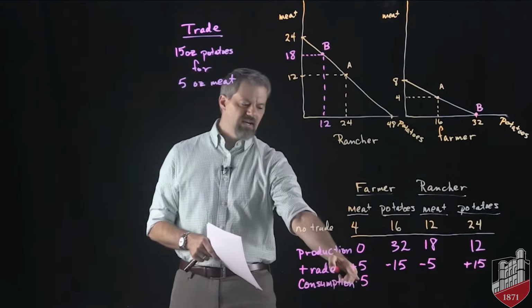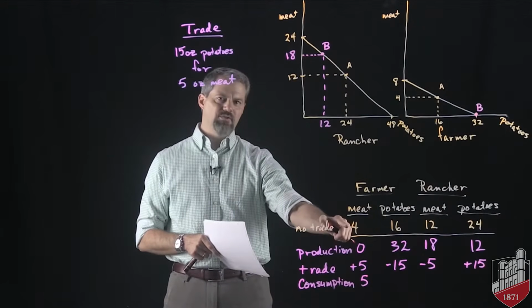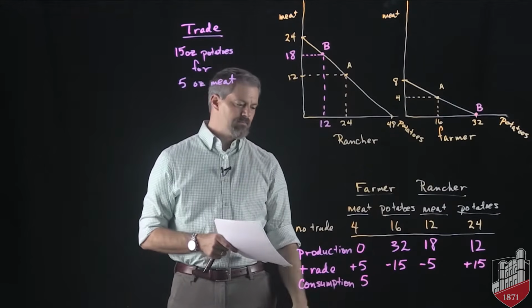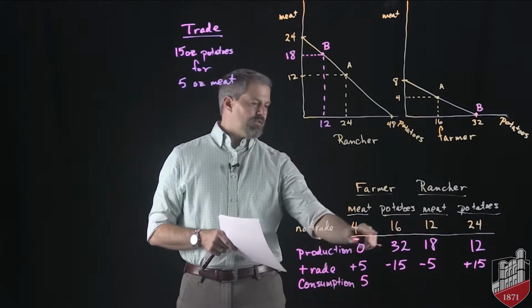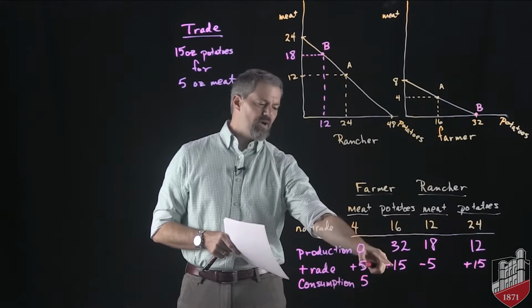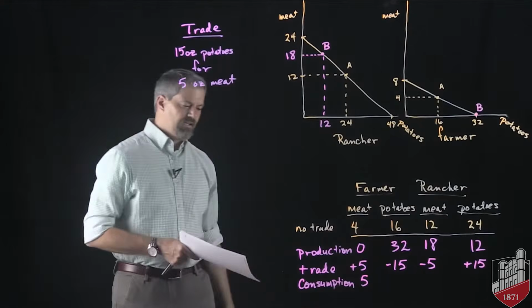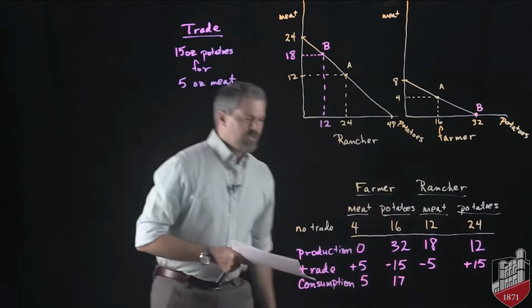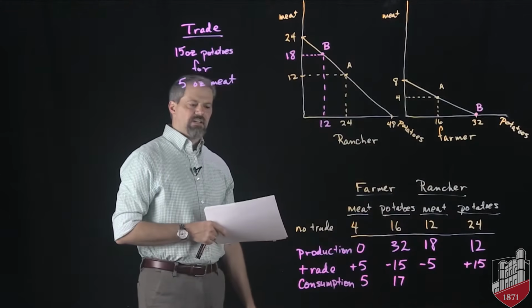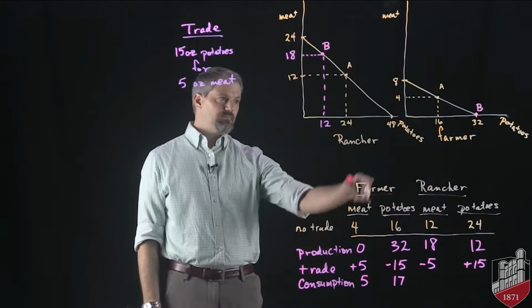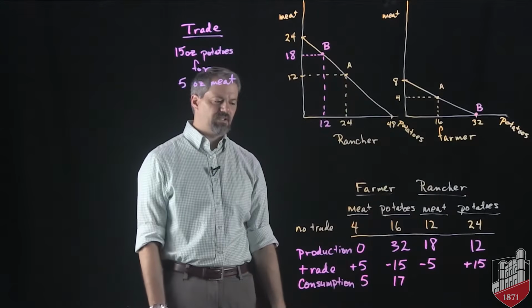That's 1 more ounce of meat than they had when they were producing and consuming at point A. The farmer is producing 32 ounces of potatoes, but trading 15 ounces away. That leaves them with 17 ounces of potatoes at the end of the day. So now let's put this consumption point on the farmer's production possibilities frontier.